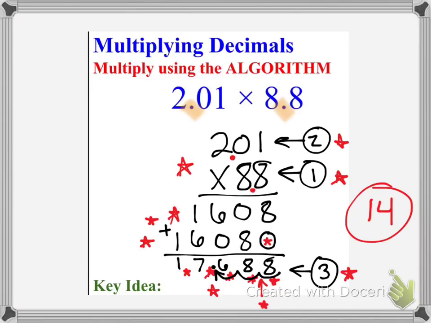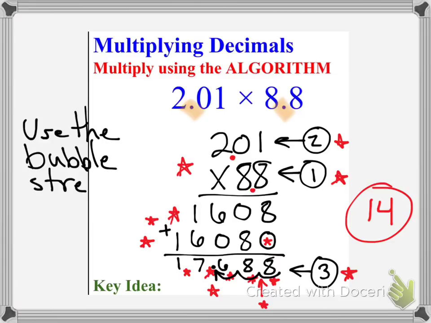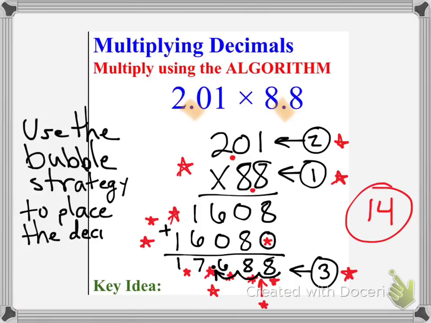The key idea is the same thing as last time. You have to use the bubble strategy to place the decimal point in the product.